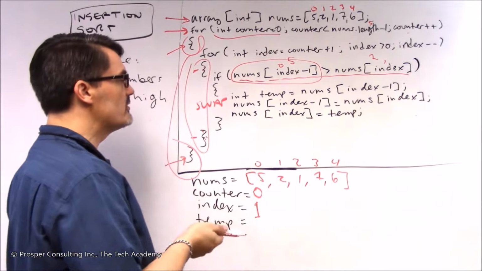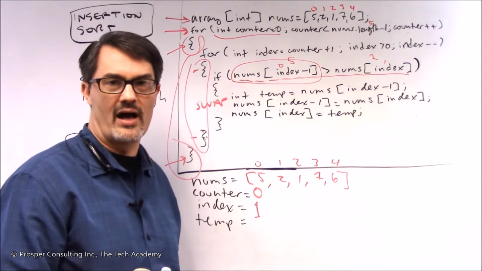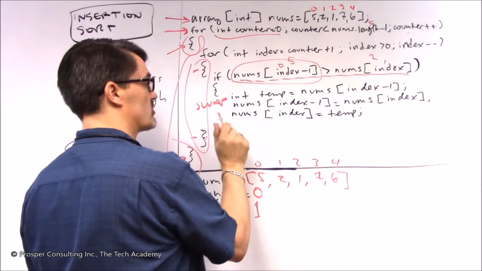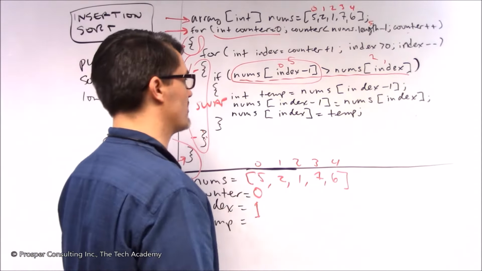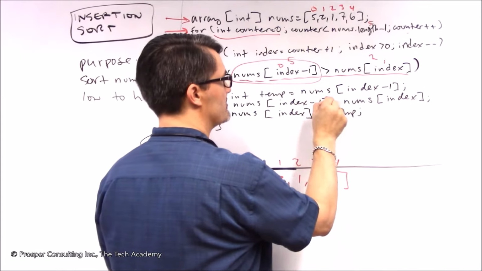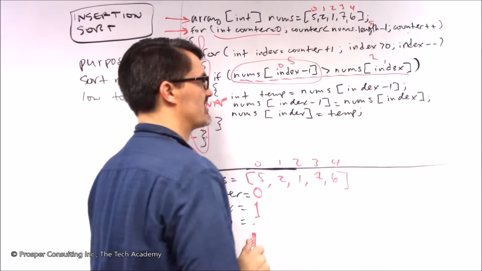So we do this by making use of a temporary storage area for one of the values. We create a variable, an integer, called temp. It's right down here. I'm going to list its value in a moment when we figure out the value. We initialize its value to whatever the value is of the element in the array nums that's at position index -1.